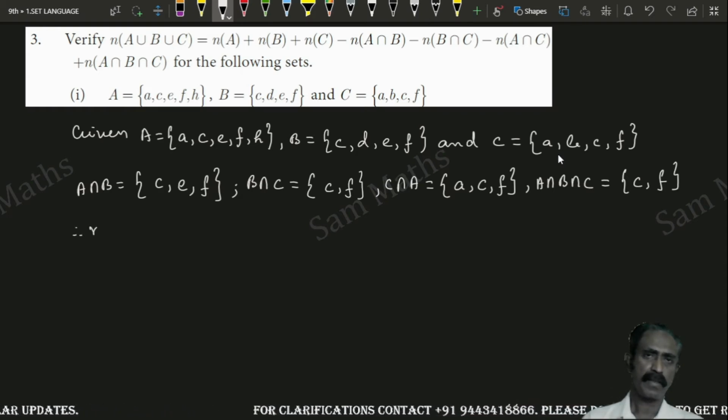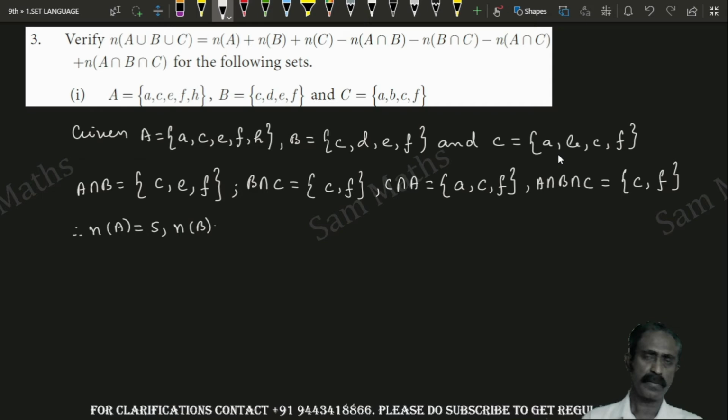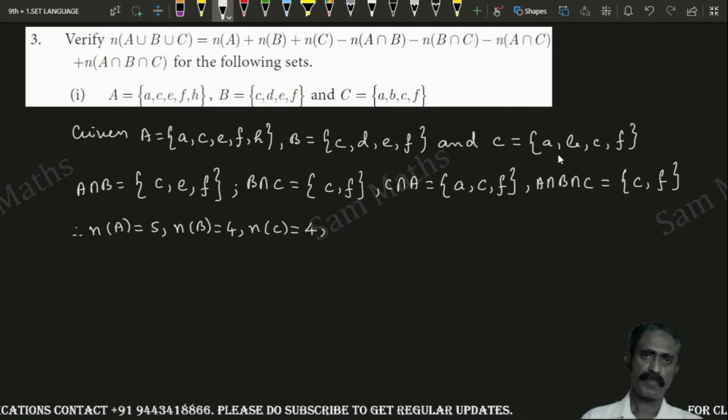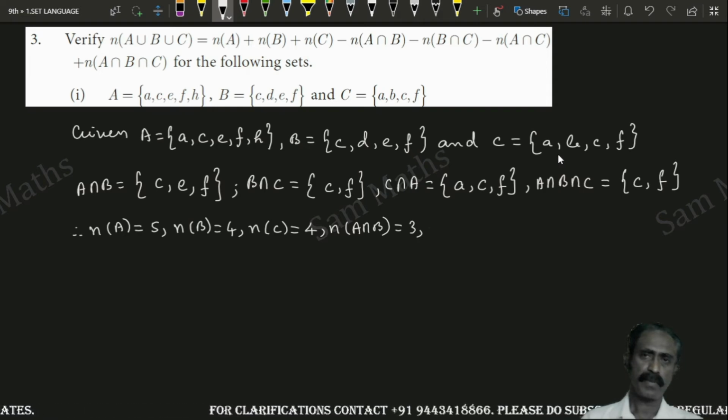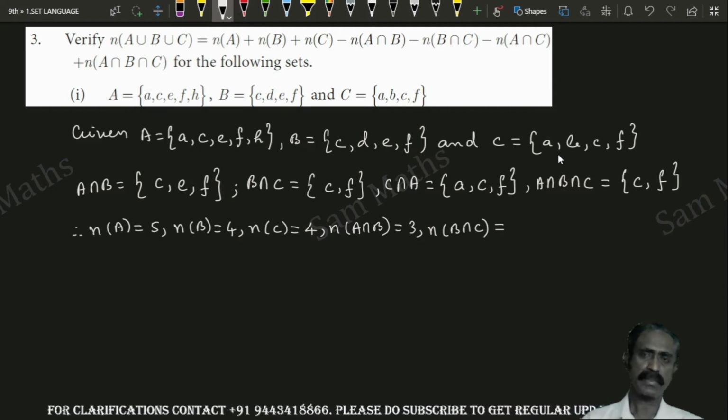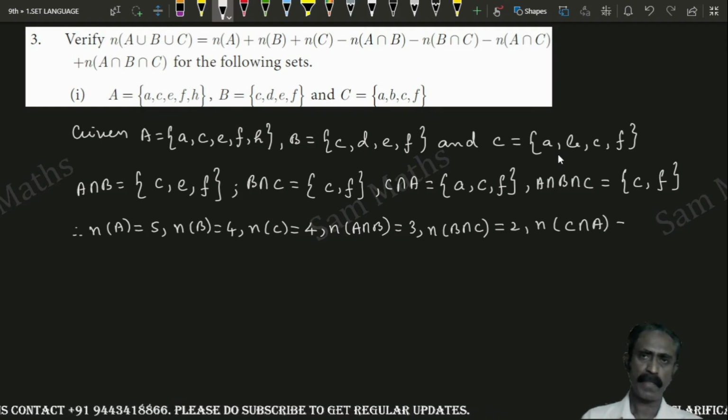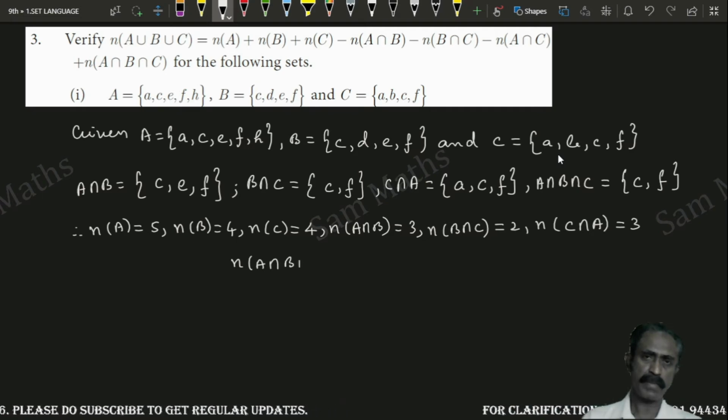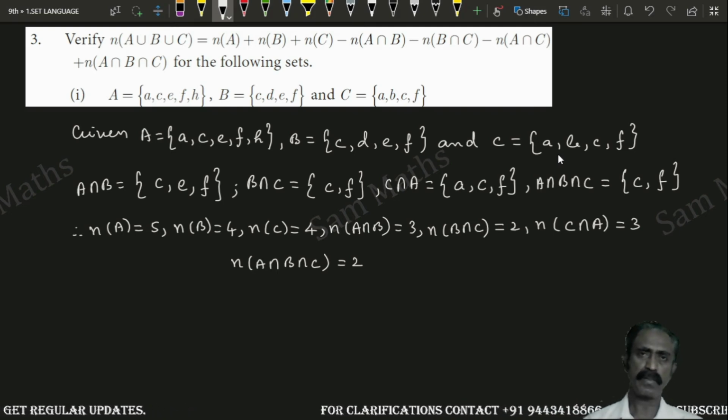Therefore, n of A is 5, n of B is 4, n of C is 4, n of A intersection B is 3, n of B intersection C we have two elements, n of C intersection A that is 3 elements, n of A intersection B intersection C that is 2 elements. Now we have to verify the formula.